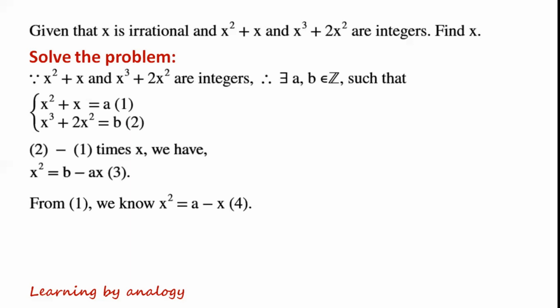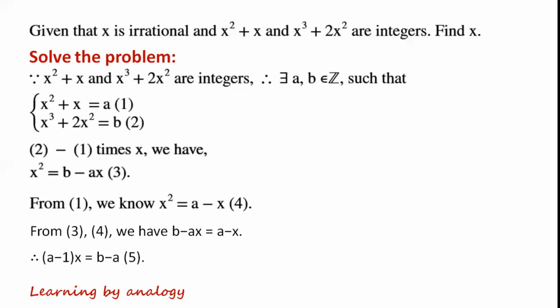From equation 1, we know that x squared equals a minus x (equation 4). From equations 3 and 4, we have b minus ax equals a minus x. So (a minus 1) times x equals b minus a (equation 5).